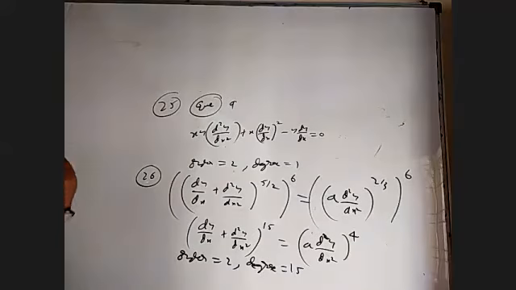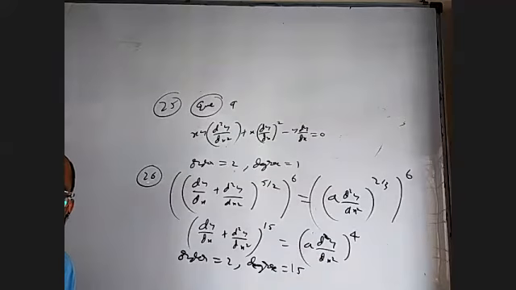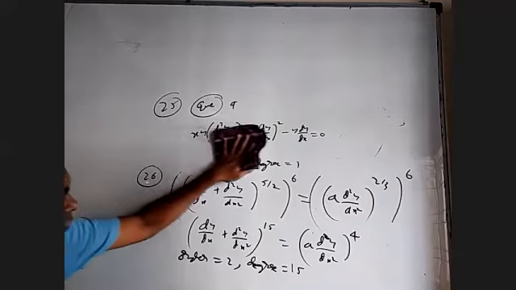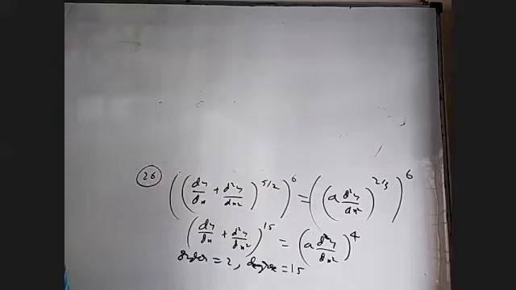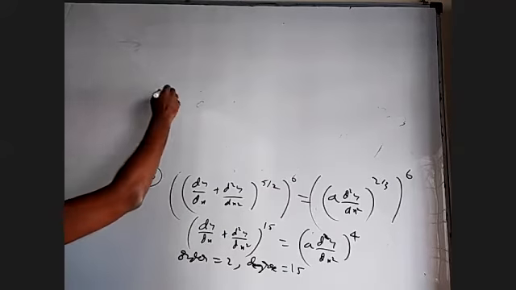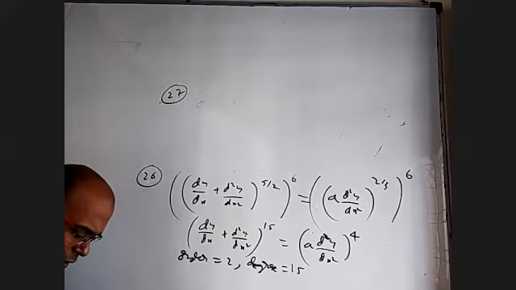Is it okay? 26. Okay, 27. Because a fractional power is there on the LHS as 5/3, we have to cube it on both sides.